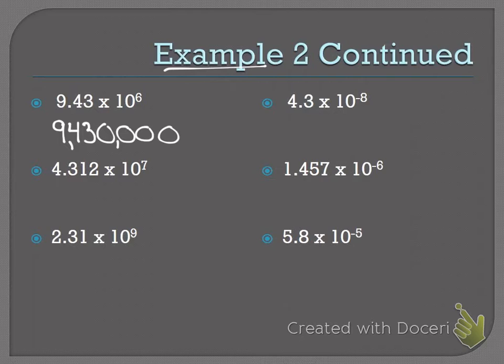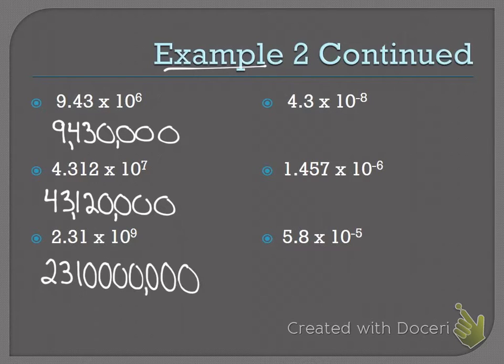What's it going to be? 43,120,000. What about the third one? 2,310,000,000. Did you get all three? Raise your hand. Good. Awesome.